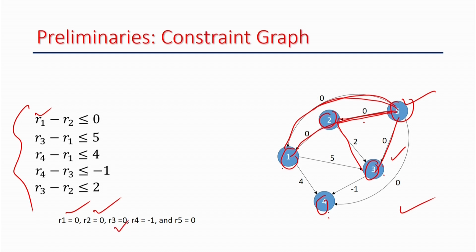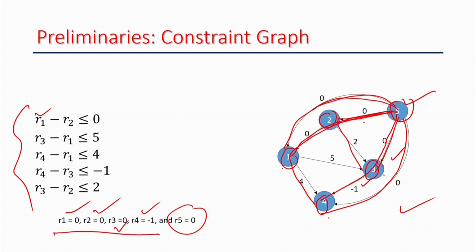For R4 this path weight is 0, this path weight is minus 1, and this path weight is 4. So, this is the minimum one. So, R4 is minus 1, and R5 is 0, which does not matter to us. So, this is the solution, and if you put these values here, it will satisfy all the constraints, right. This is how we are going to solve a set of inequalities of this form.